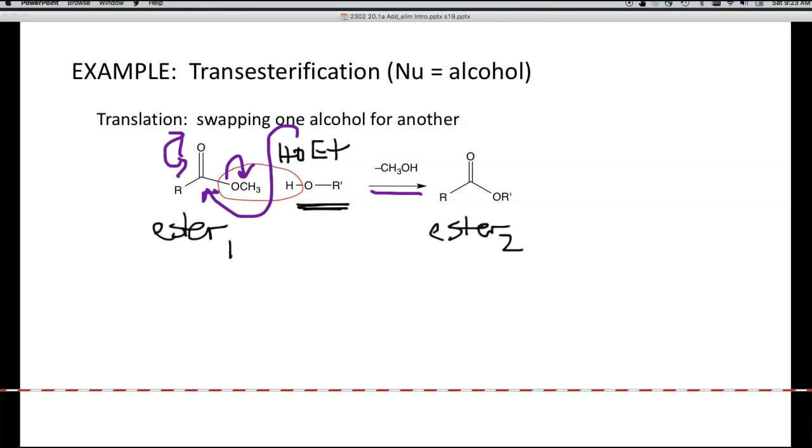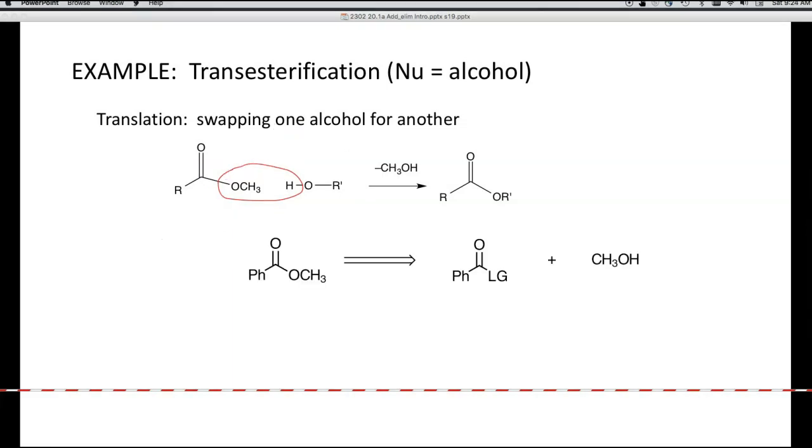Now that's an abbreviated mechanism. It's not the correct mechanism. So we'll go through the correct mechanism in a minute.